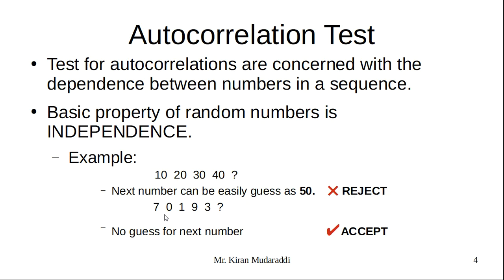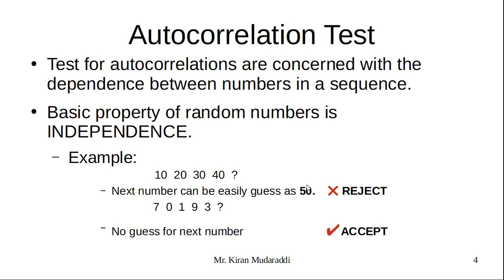For example, if I generate random numbers like 7, 0, 1, 9, 3, look into this. 0 is not at all dependent on 7. 1 is not at all dependent on 0. Similarly, 3 is not at all dependent on its previous value. So it is very difficult to guess the next number. So this sequence is accepted.